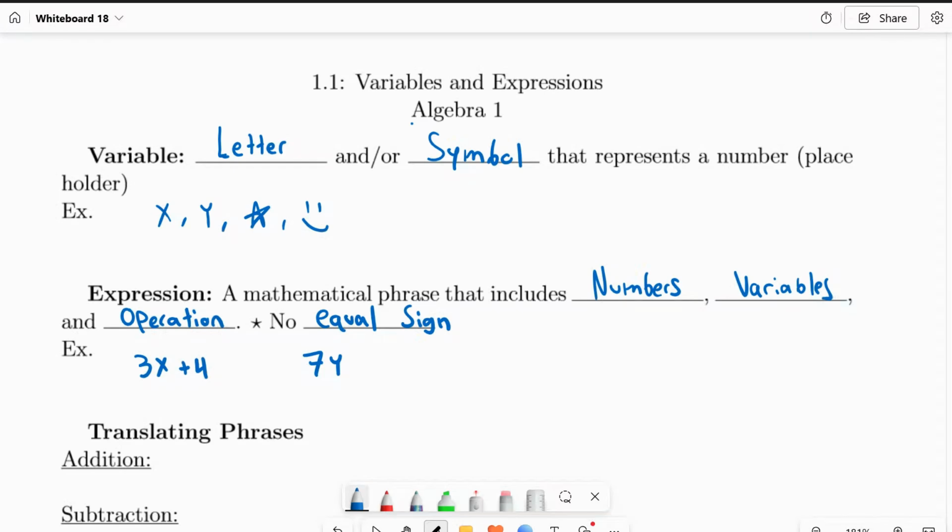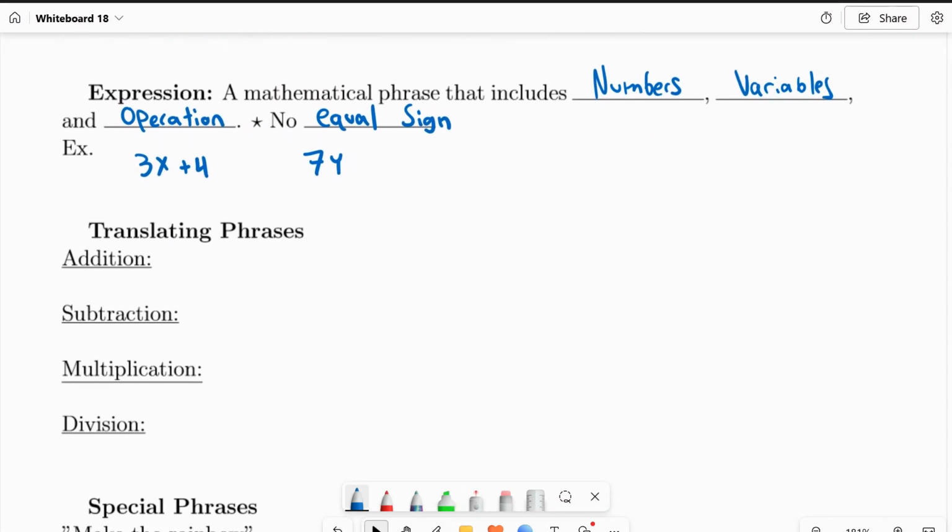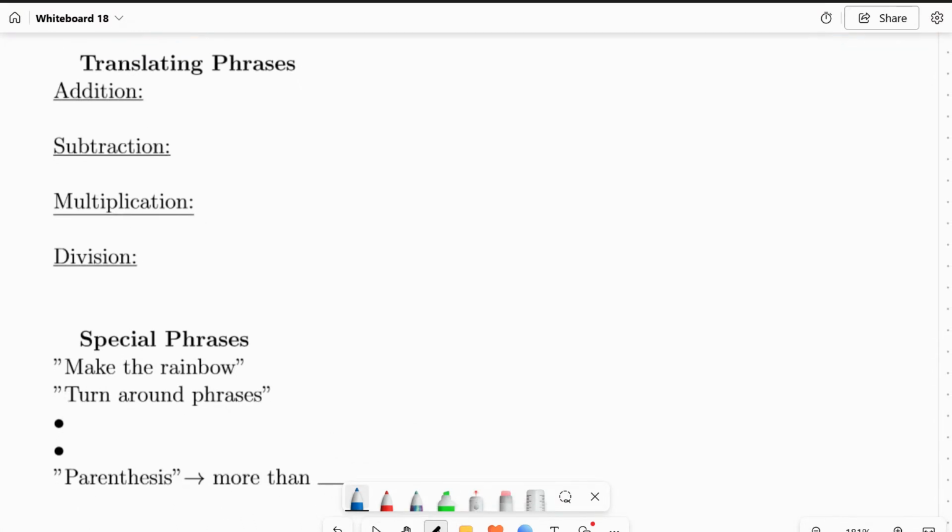So really the main thing we're looking at in 1.1 here is how to translate phrases. So translating phrases, we have one of our operations is addition.